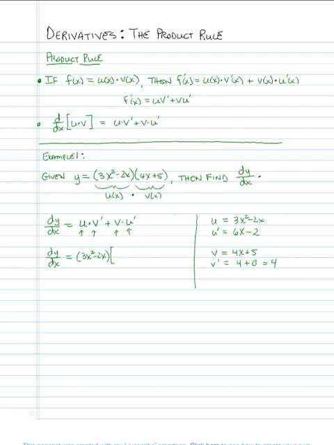V prime we look over and we say, oh yes, v prime we calculated to be 4. And then this plus v, and we remember v was the original function, 4x plus 5, times the derivative of u. And so we'll replace the derivative of u with what we calculated, and that was 6x minus 2. So that's the result we get.